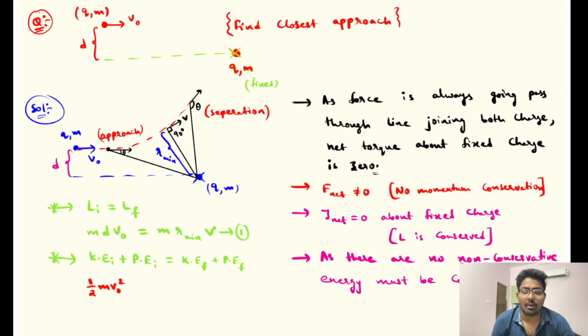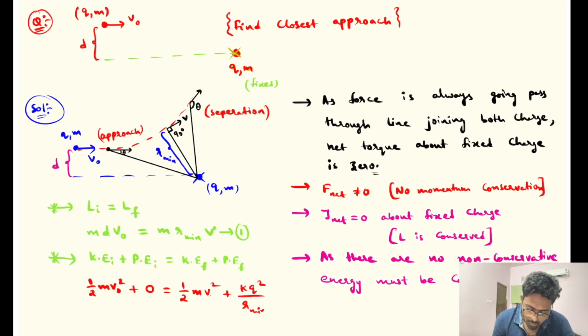What about the initial potential energy? As it is at a very far distance, initial potential energy will be 0. What about final kinetic energy? Half m v square. And the final potential energy will be k q square by the distance between them, which is r minimum.